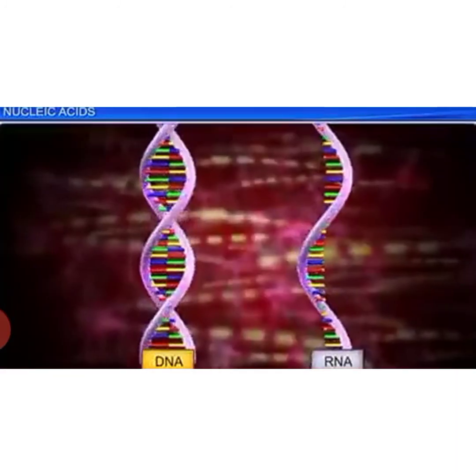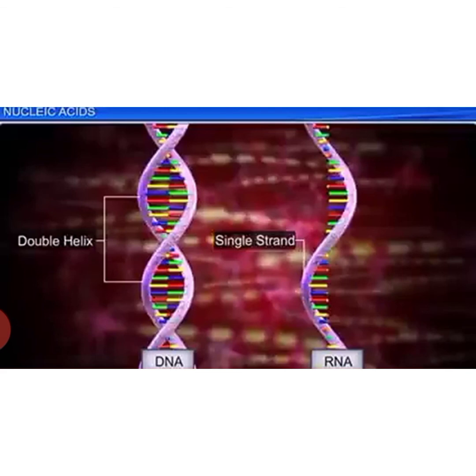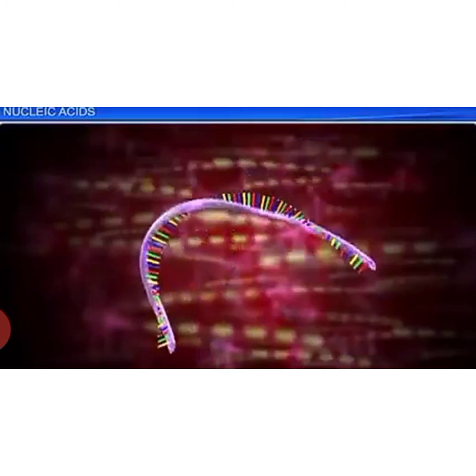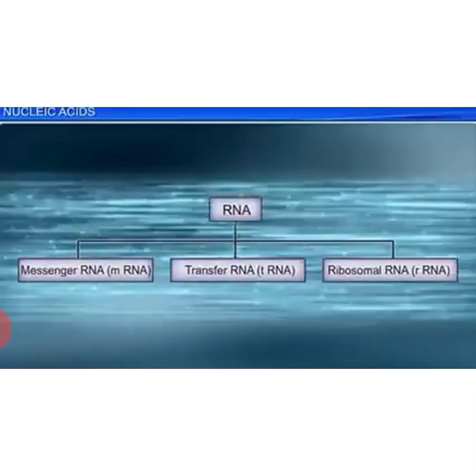Unlike DNA's double helix, RNA is single-stranded. The strand may fold back on itself to form helical motifs, such as stem loops, or hairpin structures. There are three important types of RNA in living systems.